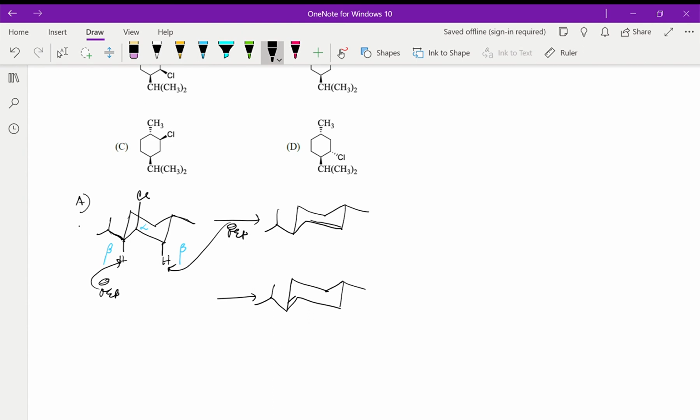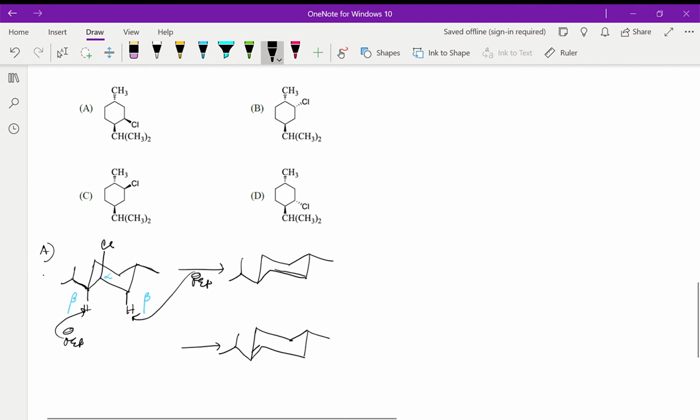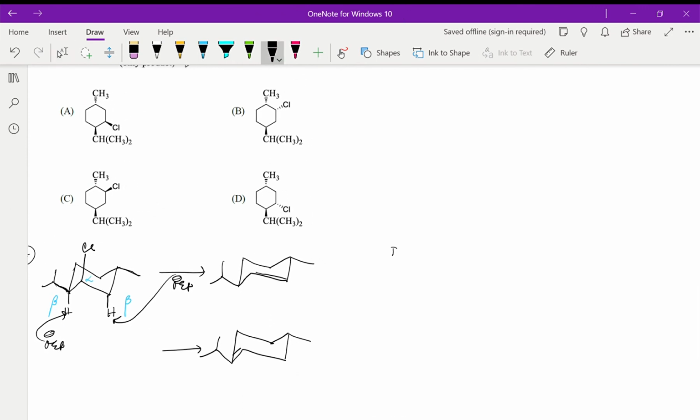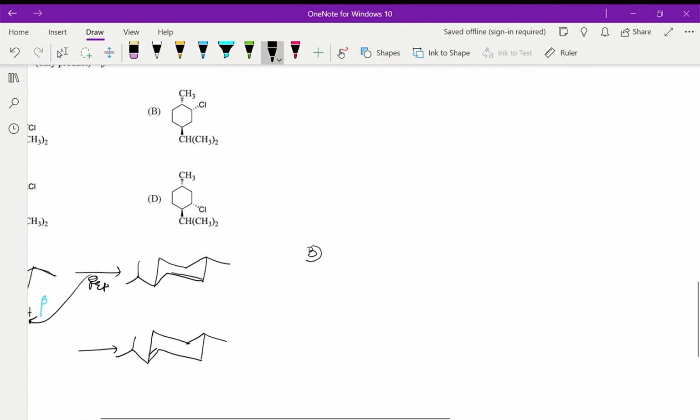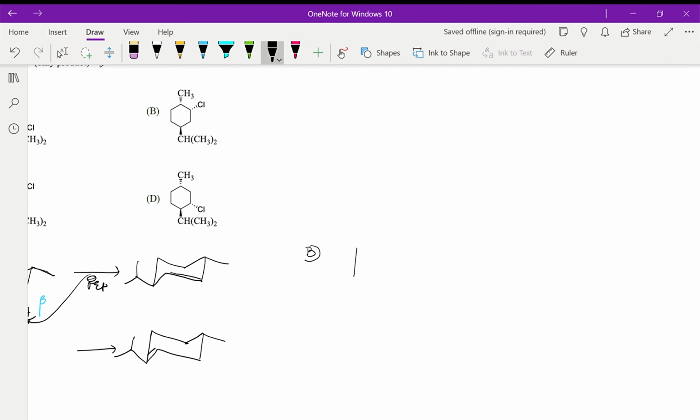So let's check now option B. Again here, keeping in mind that the isopropyl group has to be kept in the equatorial bond. So our Cl is going to be down, so it has to take up the axial position.